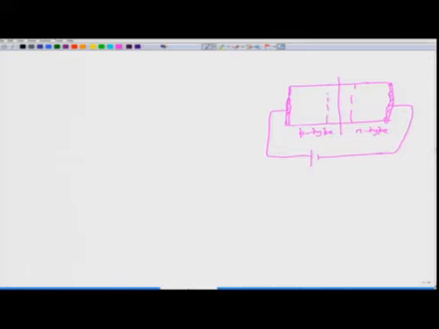Let us say some small voltage V is given here.